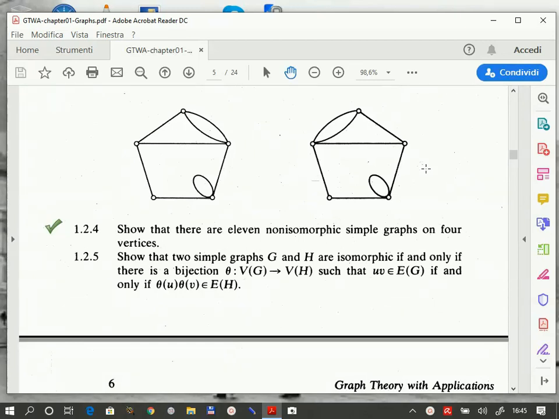Now, what you have is that surely theta of D must be W.